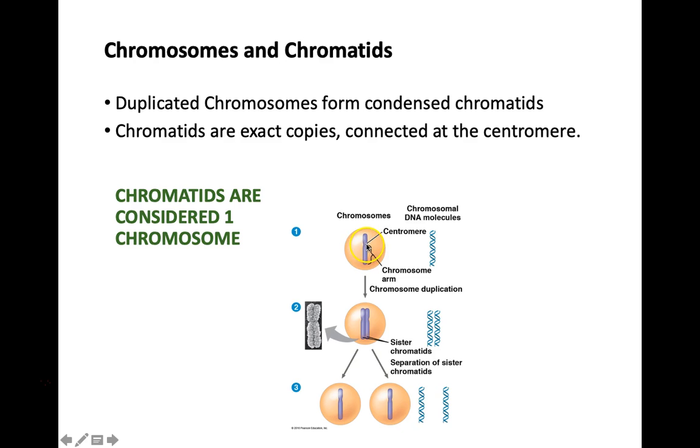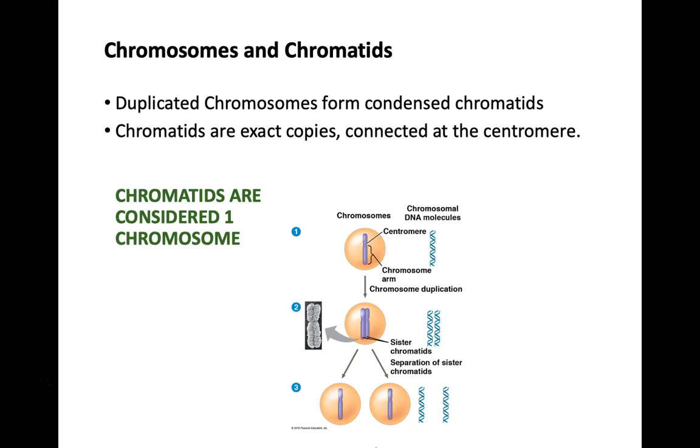So this molecule, I'll point to this one over here now, is going to undergo DNA replication. And so within that cell, it's going to copy all of its chromosomes. So every single chromosome is going to be copied, and it's going to be kept together with its identical sister, its chromatid. So sister chromatids are basically twin sisters.